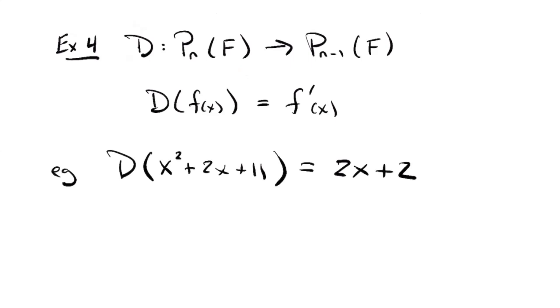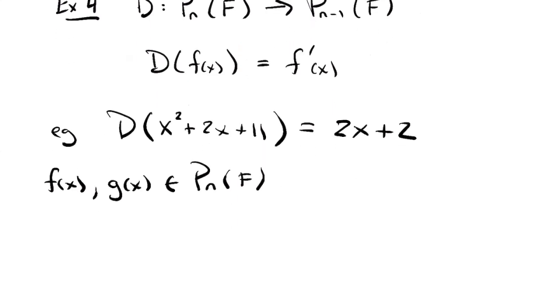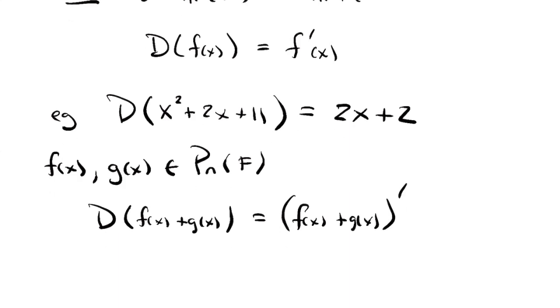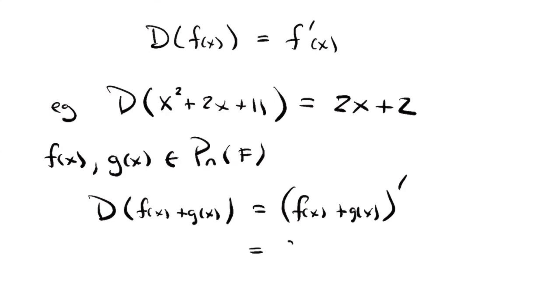Yeah. And why is D linear? Well, if you take two polynomials, their degrees are less than or equal to n in particular, and you want to take D of their sum, well, that's the derivative of the sum, and from calculus, or you can even prove this algebraically for polynomials, the derivative of a sum is the sum of the derivatives, yeah?